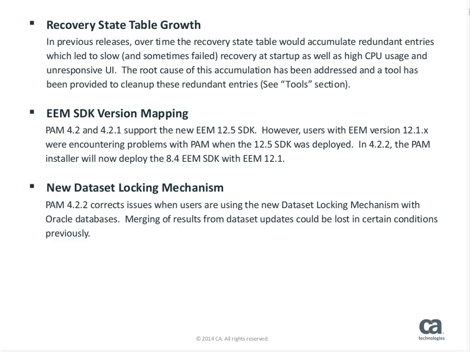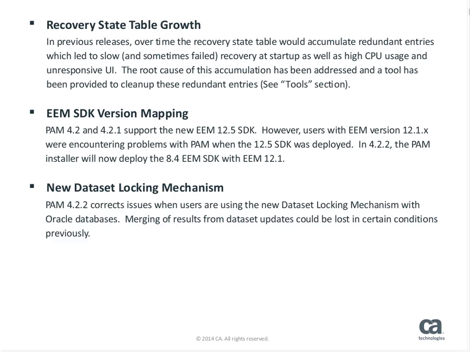But there was an underlying issue related to all of these, where what we were seeing was, over time, there's a table in our database called the recovery state table. It would accumulate redundant entries.